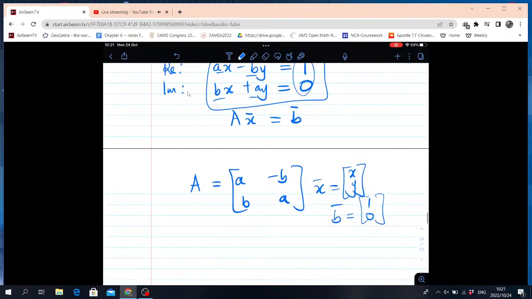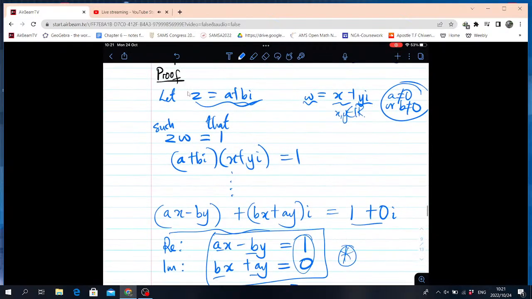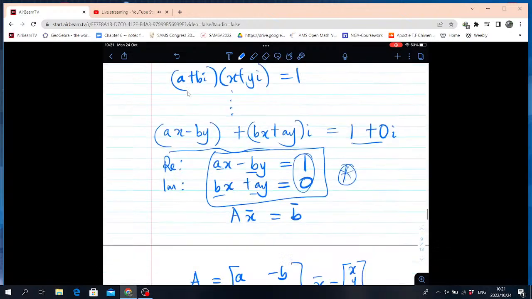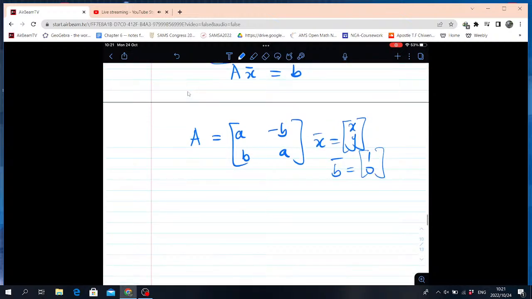And so the question is, when can we find this to have a solution? We know that for x and y to exist, this system has to have solutions. And for this to have solutions, it simply means the determinant. Remember that if we find that the determinant of A is not equal to 0, then we know that we've got a unique solution for this system.